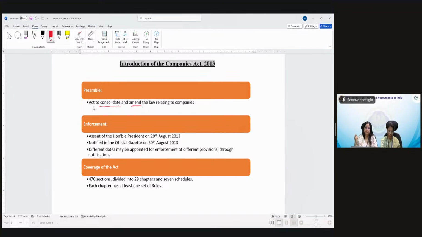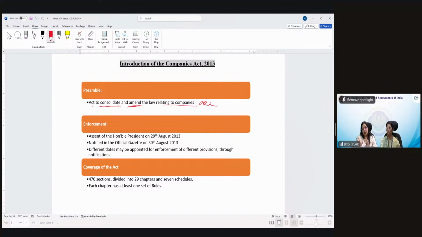Consolidate means to bring together all the laws, and amend means update. In line with recent developments and requirements, it has been updated so that companies in India are governed under a single act or statute in modern times.